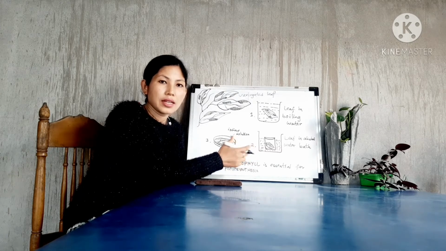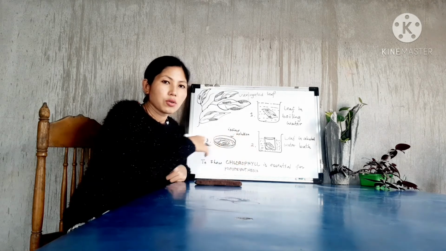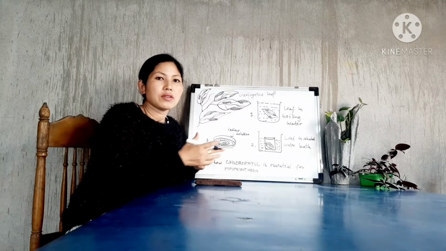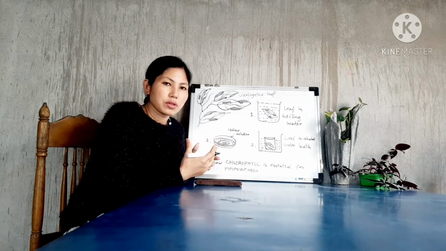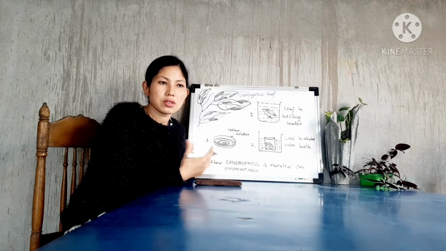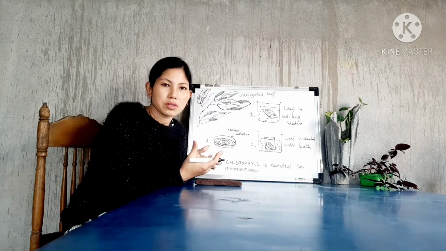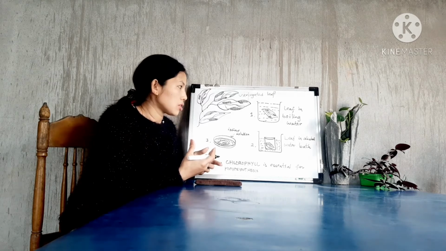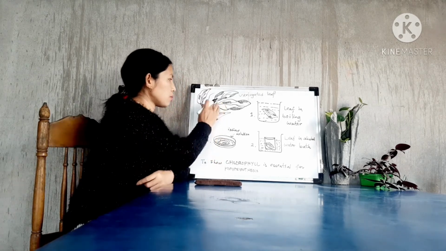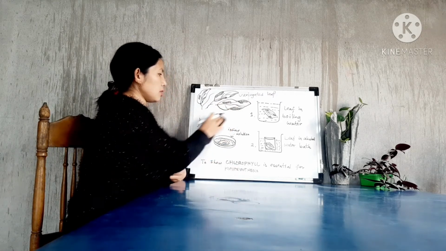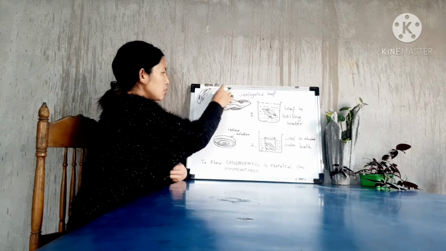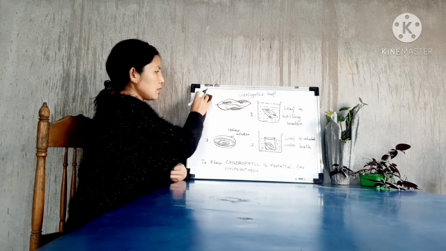And then after 5 days of keeping them in the dark, when all the starch has been used up, we will take it out under the sun and keep it for around 5 to 6 hours so that they can re-photosynthesize and reproduce the starch. After which we will pluck a leaf, and we will mark the green and the non-green part of the leaf.